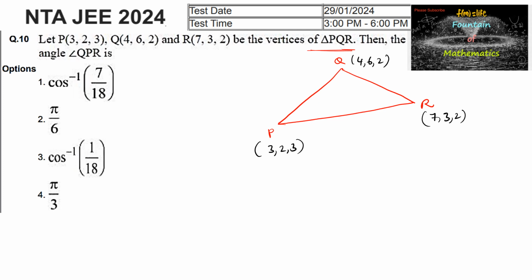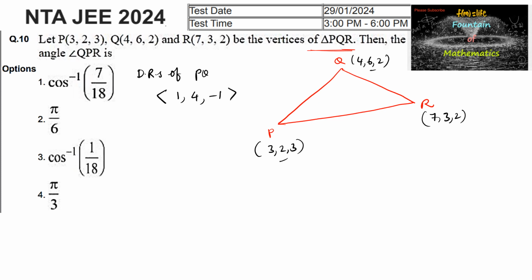We can find the direction ratios of the line joining two points PQ. Direction ratios of PQ are 4 minus 3, 1, that is x2 minus x1, 6 minus 2, 4, and 2 minus 3, it is negative 1.